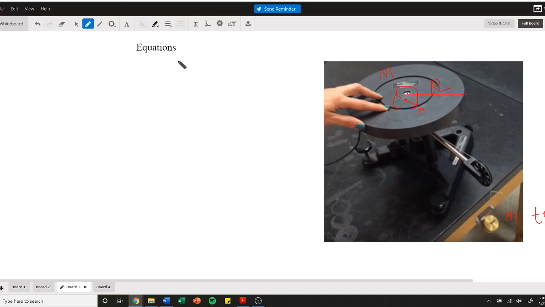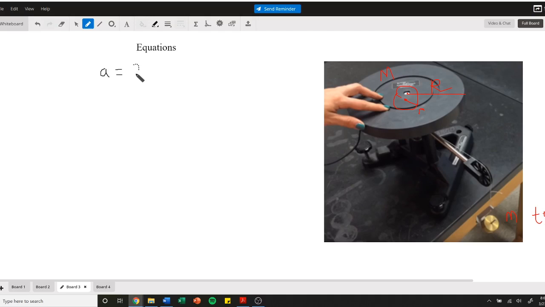The equations we need today: we're going to start out by measuring the acceleration of the mass. By dropping it to the ground, we see that it's just free fall.